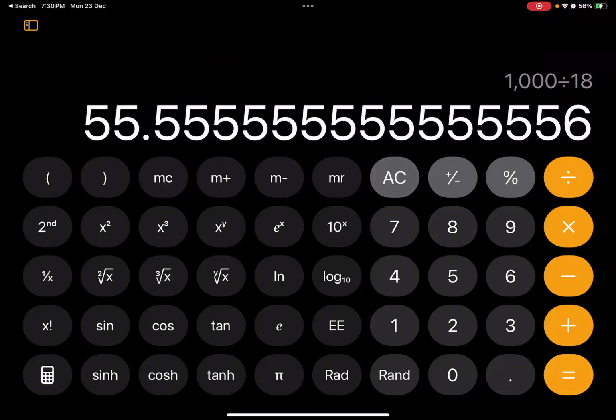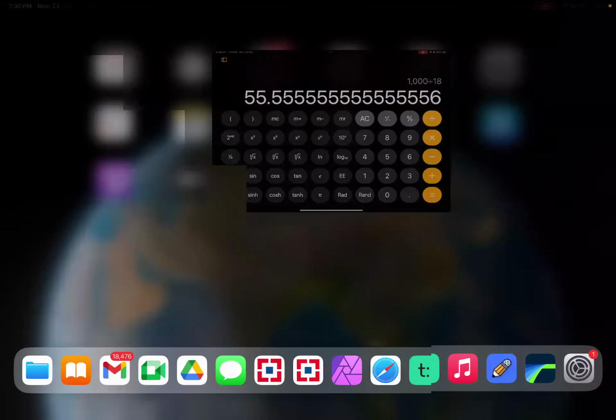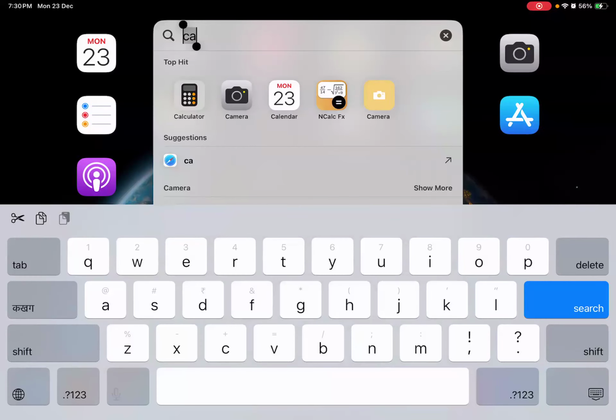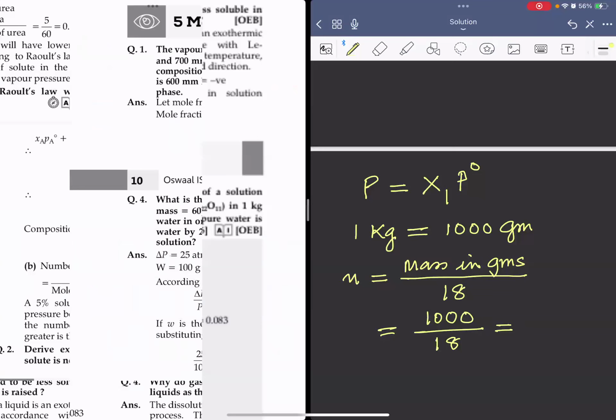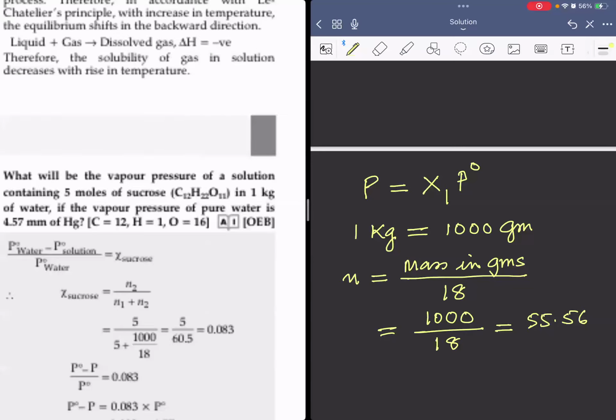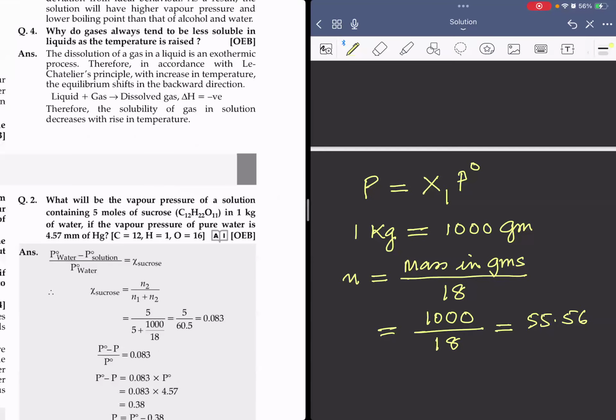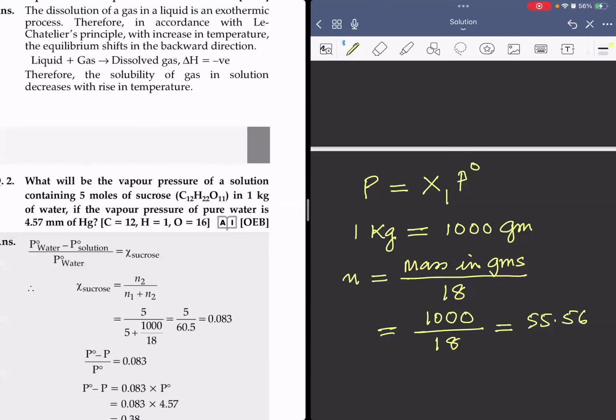It is 55.56, isn't it? So now, the number of moles of solvent we have, that is N1, is 55.56.